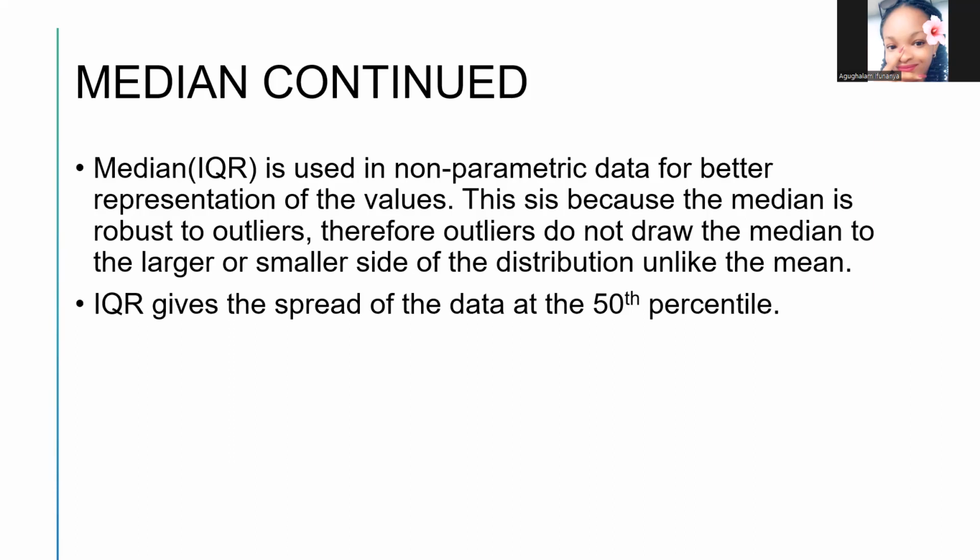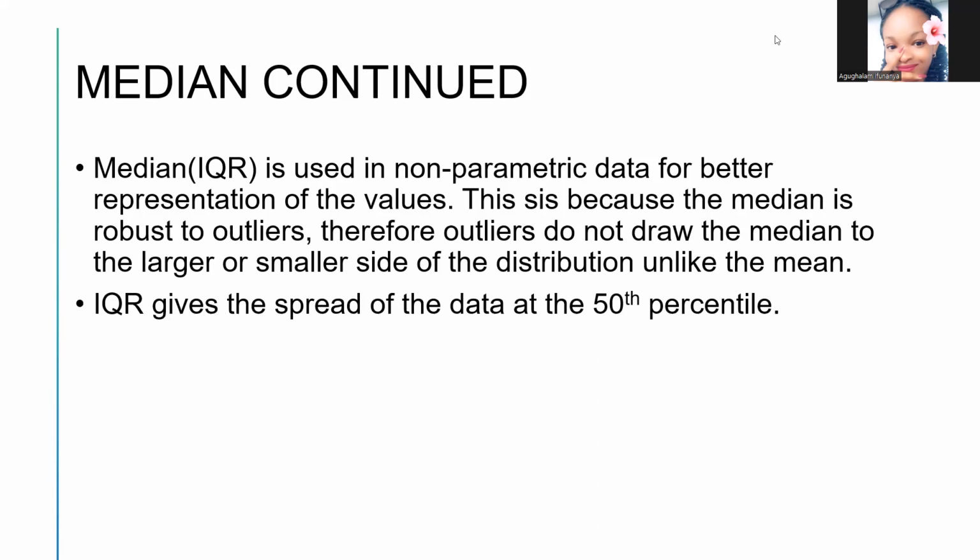So if you want a good representation of the values, the median represents them better, because the median is the middle number, and so these outliers would not really have effects on the median. Now the IQR is the interquartile range, and IQR gives the spread of the data at the 50th percentile.